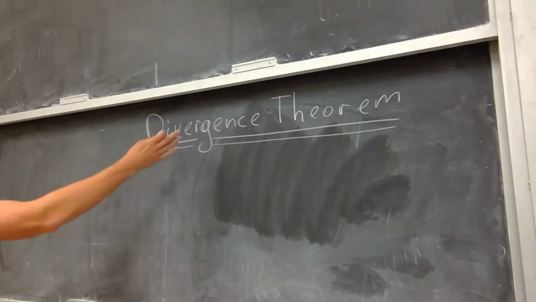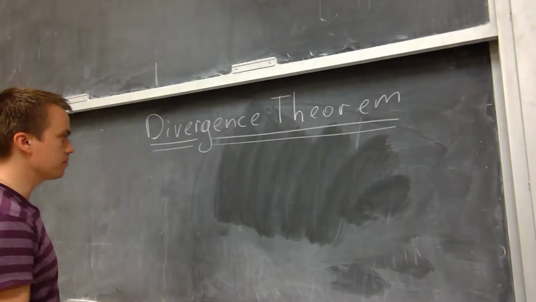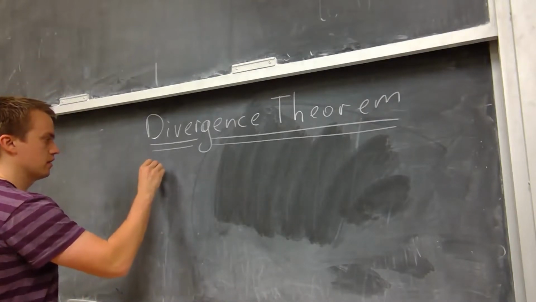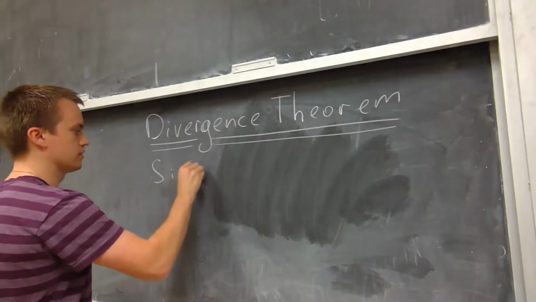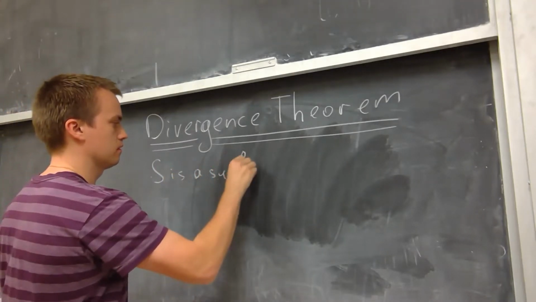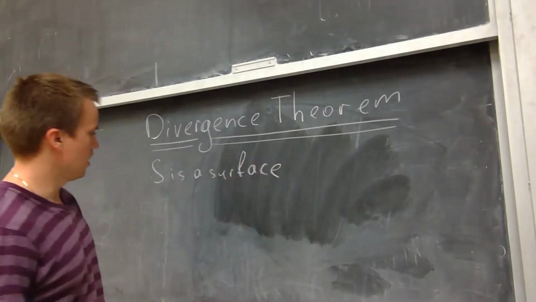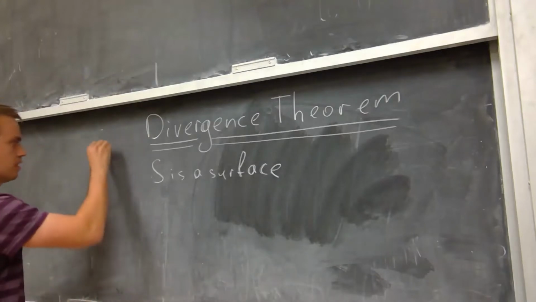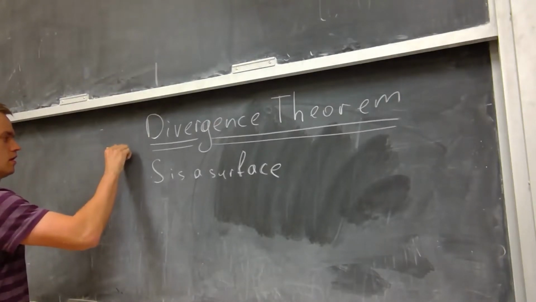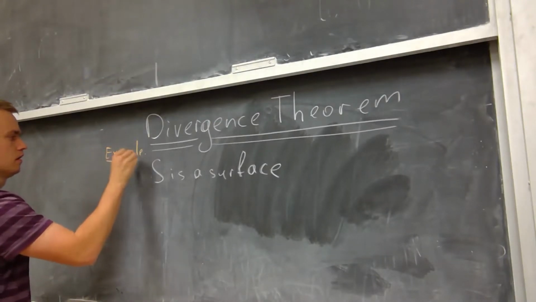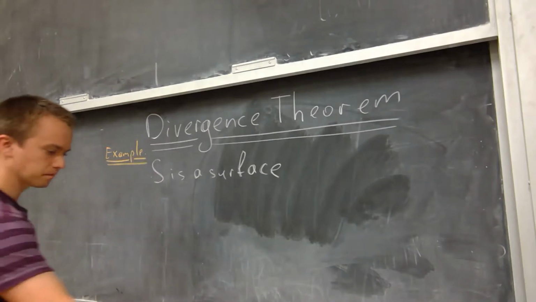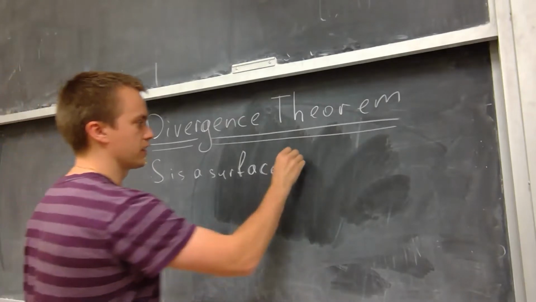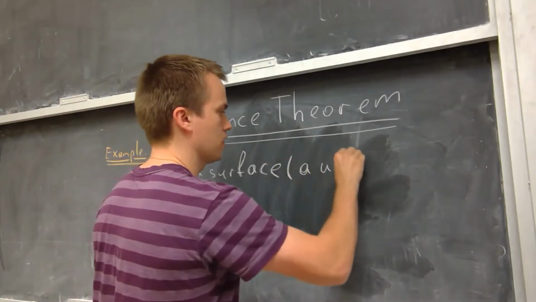So what is the statement of the divergence theorem? Basically, it says that if we are given some surface S, and for my example, because I'm talking about a particular example, this is the motivating example for the divergence theorem, let's take the surface to be a unit sphere.